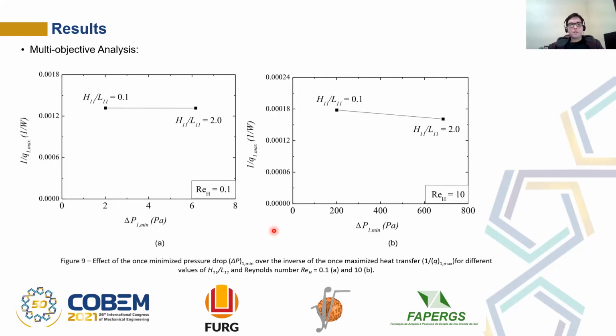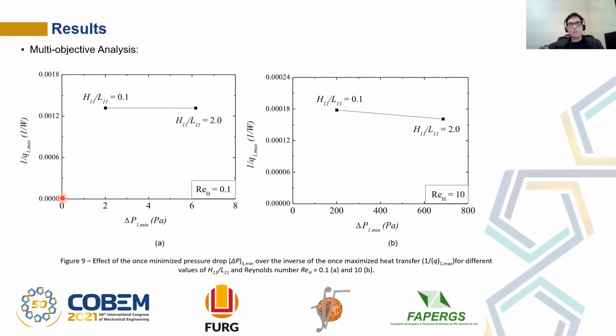Lastly, we have a multi-objective analysis, again for Reynolds 0.1 and Reynolds 10. We have the pressure drop here, and here we have the inverse of the heat transfer rate. We have the inverse because the lowest value is the best, and for the pressure drop, the lowest value is the best.